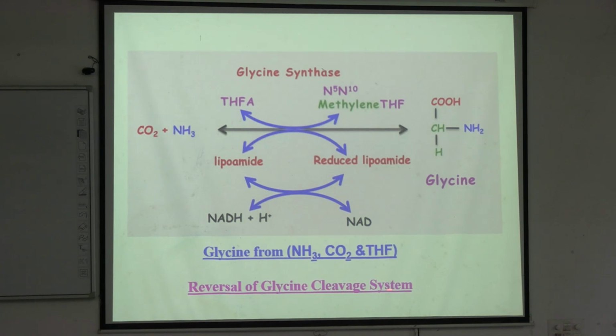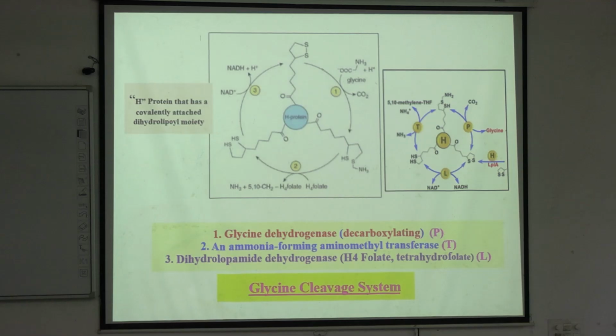So glycine breaks down into carbon dioxide and ammonia, and ammonia and carbon dioxide can combine to form glycine. So this is the glycine cleavage system. It's a reversal. When this reaction proceeds in this direction, that is called the glycine cleavage system. When it is reversed, then glycine will be produced. I will show you the glycine cleavage system in the next slide.